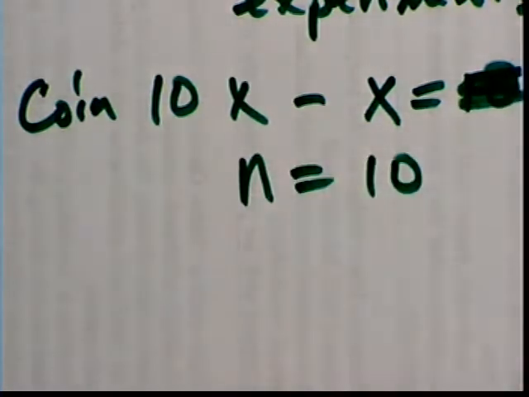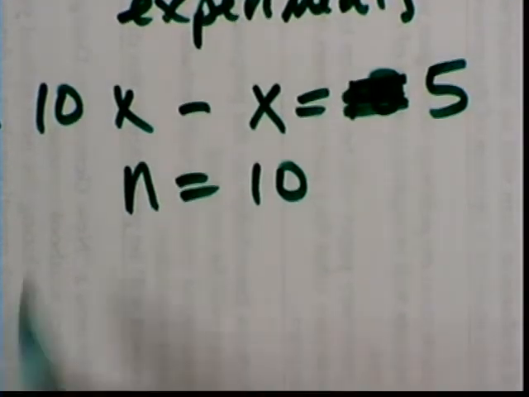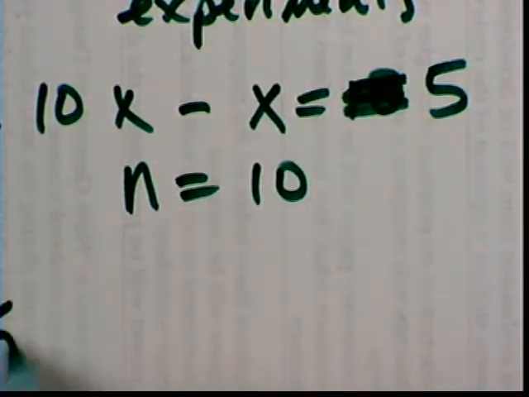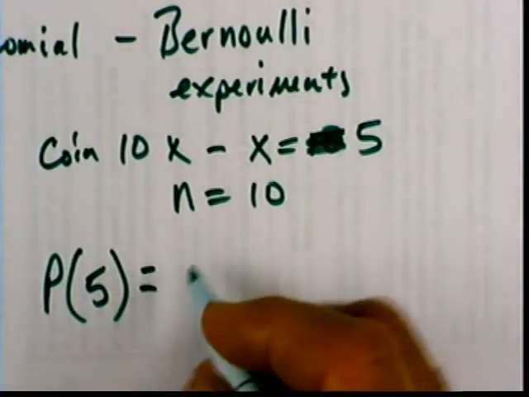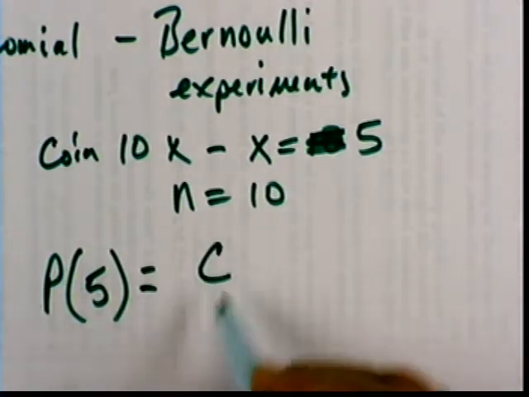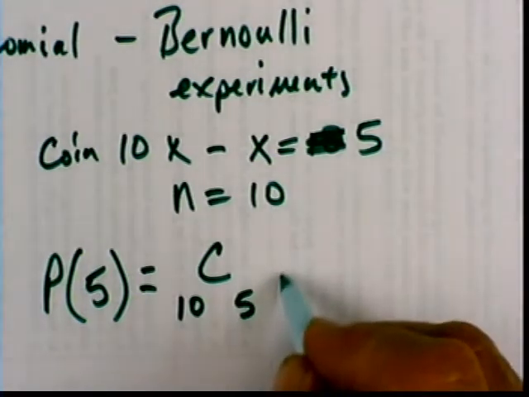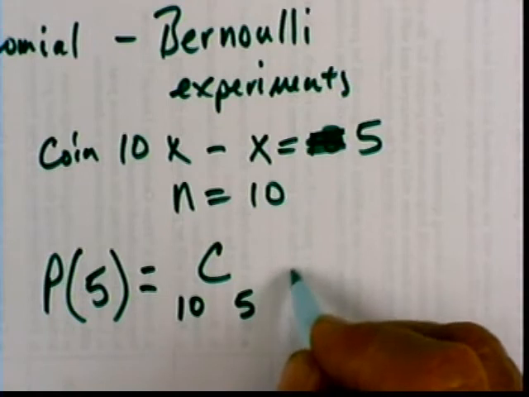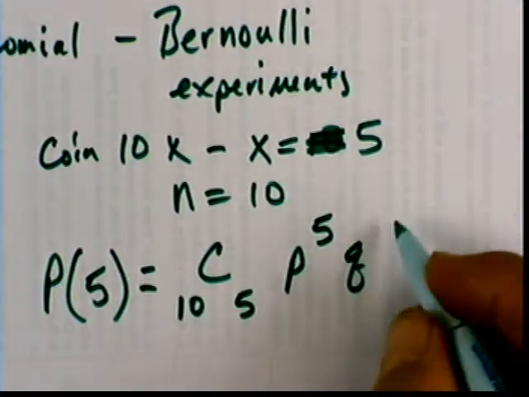So the probability of x is going to be C of 10, taking 5 at a time, times p to the x, q to the n minus x, which is going to be 5 also.